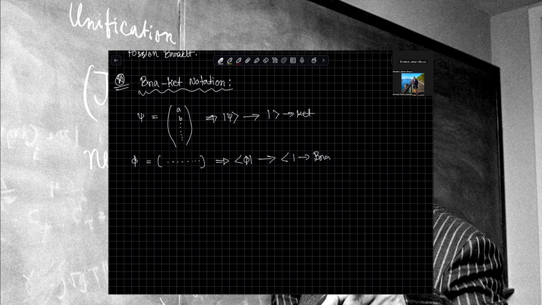This is the essence of the bracket notation. And if you already know about linear algebra, we call these kets vectors in an abstract space called Hilbert space when we are doing quantum mechanics. And these bras are actually the vectors that live in the dual space.